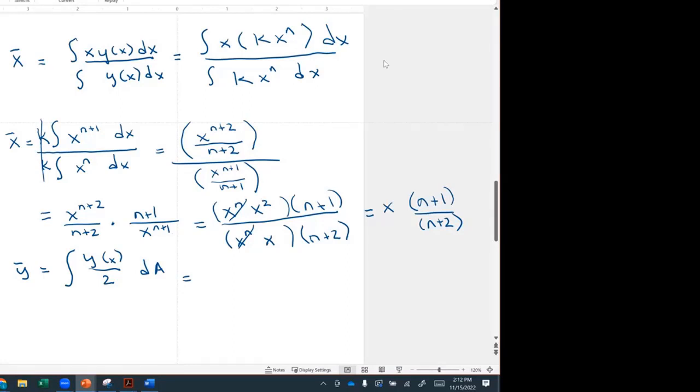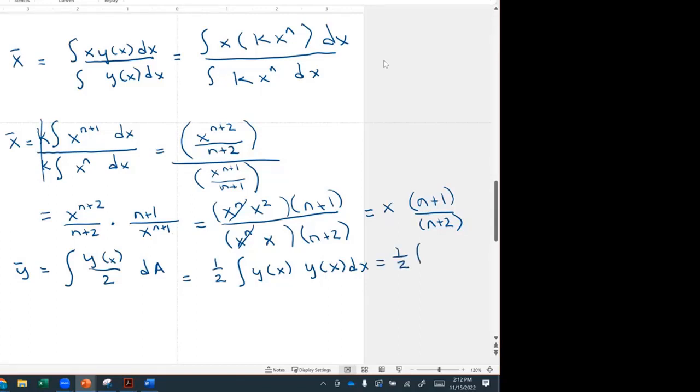I can take out that 1/2, and then I have y of x, and then dA, the area is going to be y of x dx. Remember, it's the height times the width.